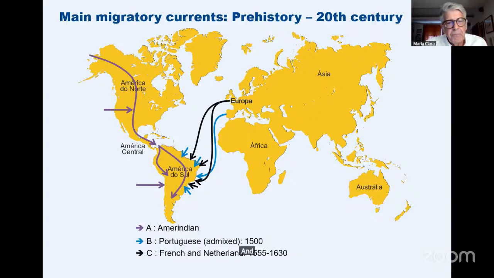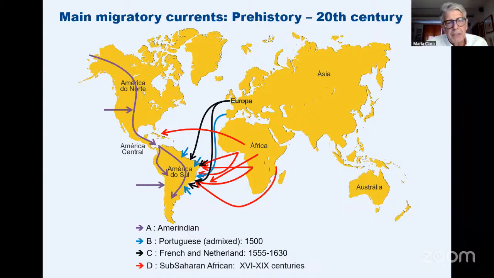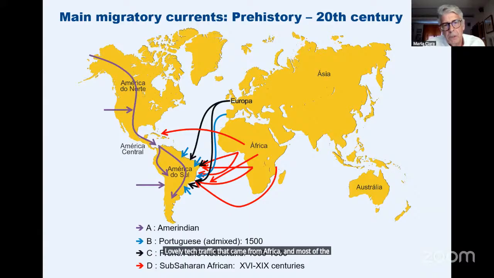And after that we had a big slave traffic that came from Africa, and most of the population of Brazil in South America was from sub-Saharan Africans.